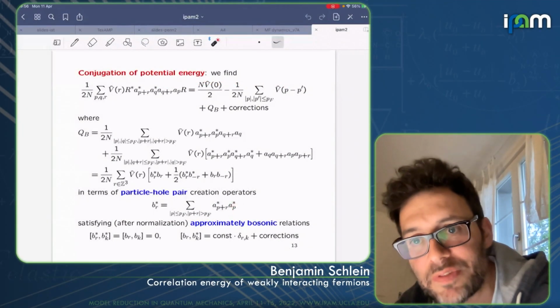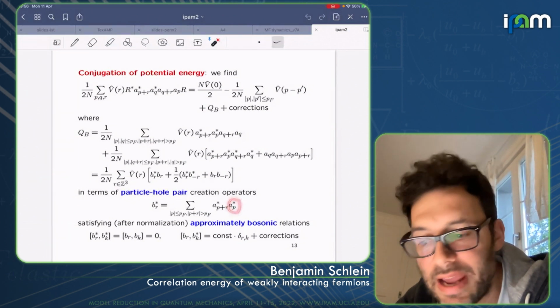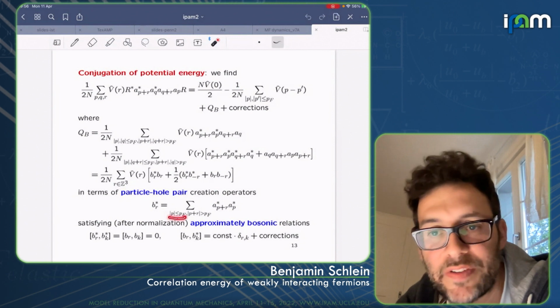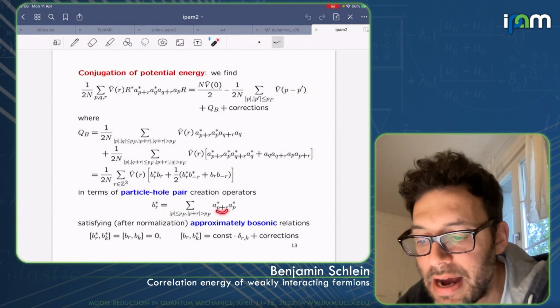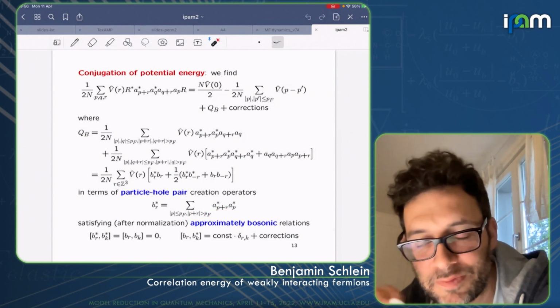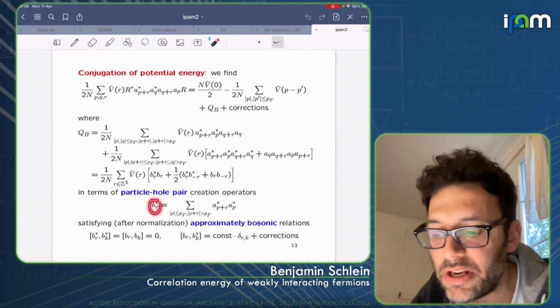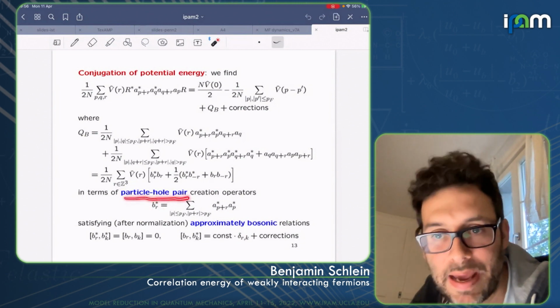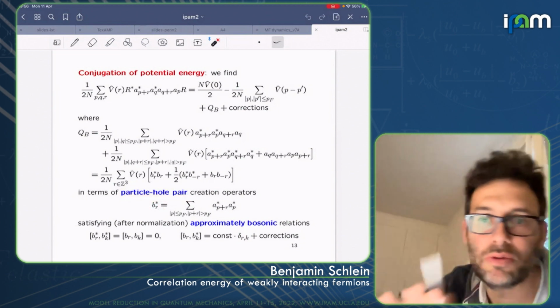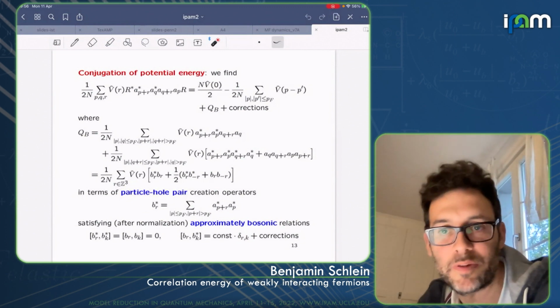The important thing about these two fermionic operators is that one, the p, creates a hole because p is smaller than the Fermi momentum. The second one creates a particle because you are outside the Fermi sea. Okay, so this operator creates a particle-hole pair, distributed around the Fermi sphere, if you want, because I'm summing over all the p's.